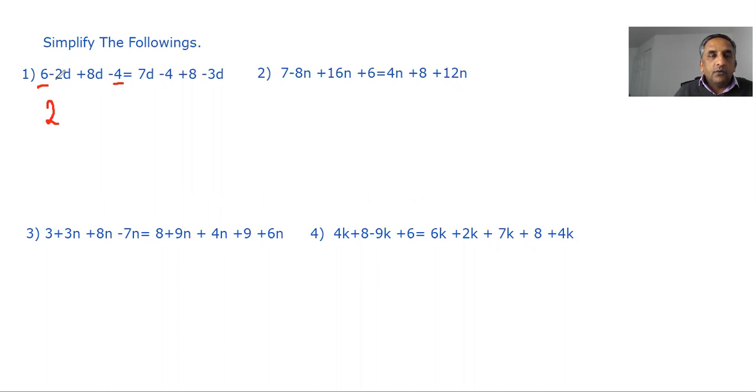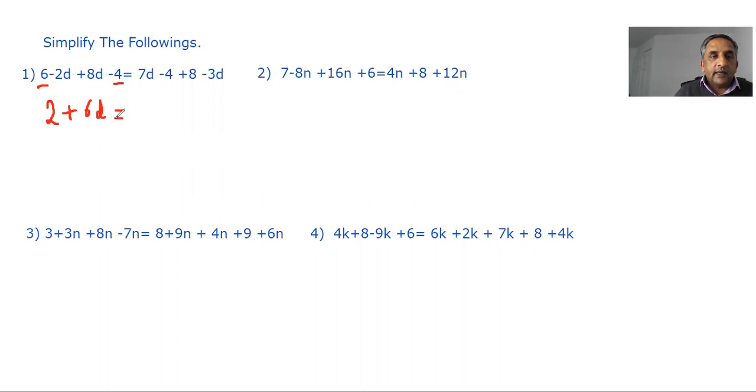Minus 2d plus 8d, it means you take away 2 from 8, we get plus 6d. And so we have simplified the left hand side.